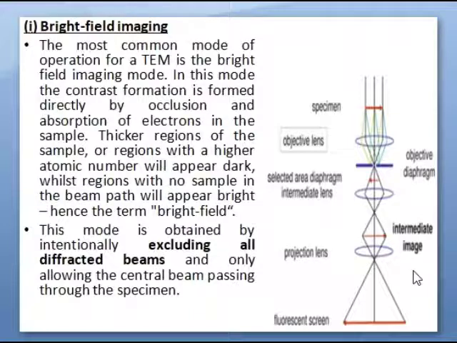So the thicker the specimen, the darker the image; the thinner the specimen, the brighter the image generated. This mode is obtained by intentionally excluding all diffracted beams and only allowing a central beam to pass through the specimen. This method is useful to study the microstructure of the samples in plane view and the number of multi-layers from cross-sectional view.